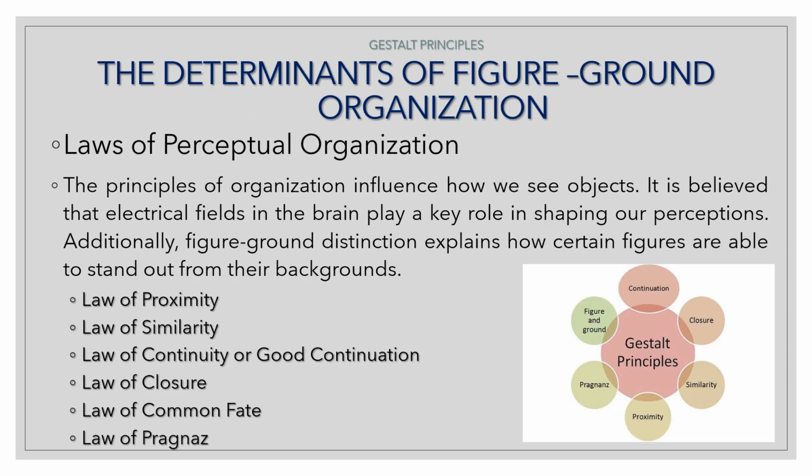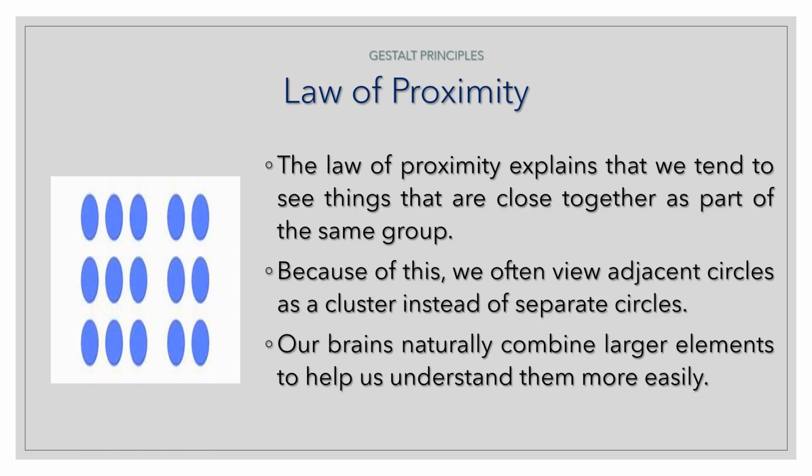Now the determinants of figure-ground organization. There are laws of perceptual organization, which include the law of proximity, similarity, continuity or good continuation, closure, common fate, and pragnanz. So what is proximity? The law of proximity explains that we tend to see things that are close together as part of the same group.